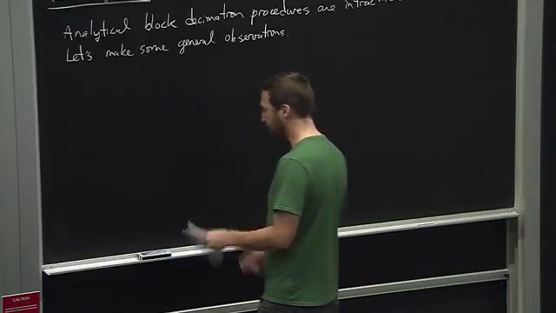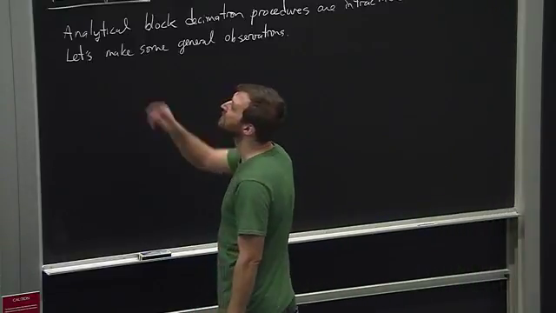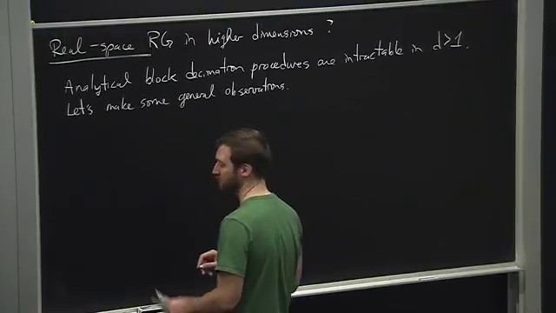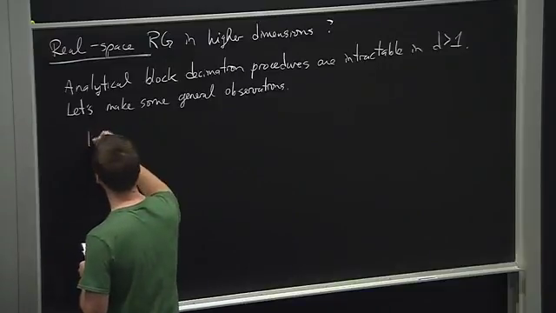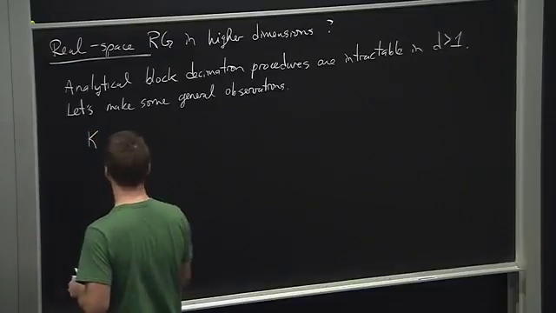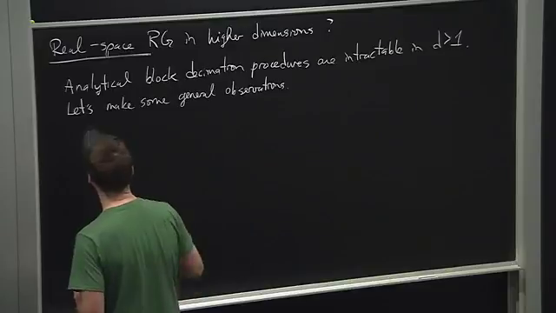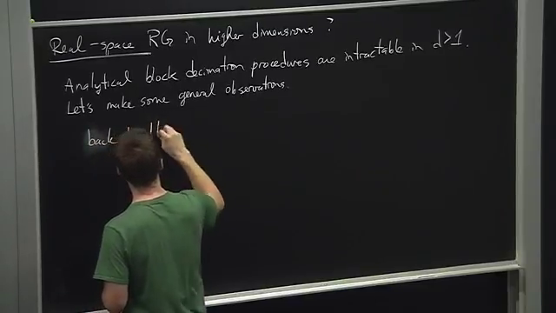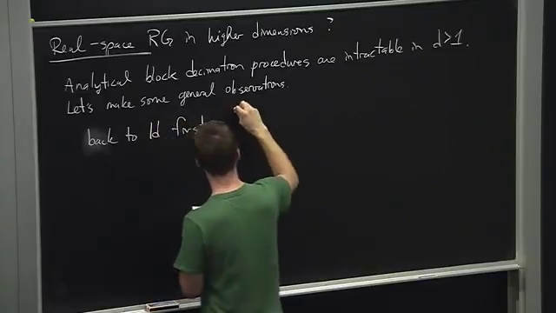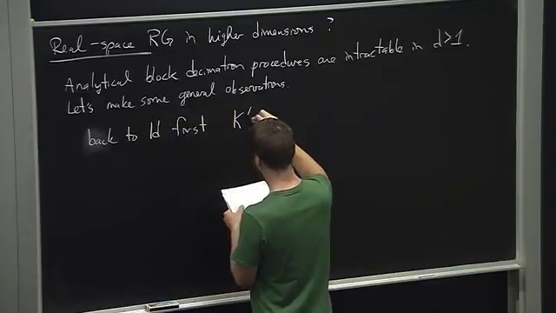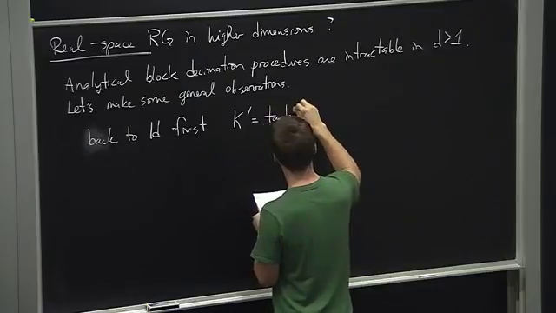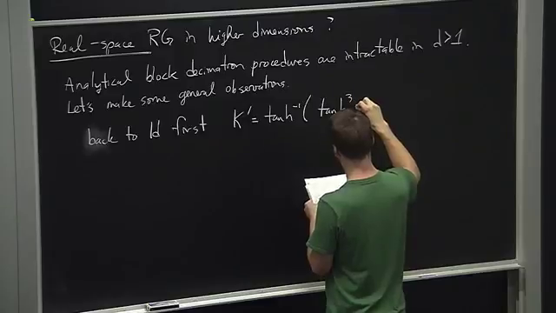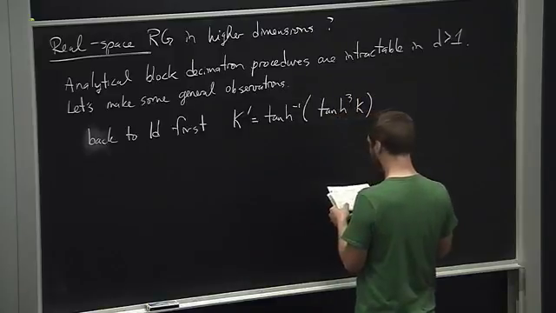So remember in 1D, here when I had K prime equals inverse hyperbolic, whatever. Let's just explore the limits of that. I'll just write it again here. Something like that.